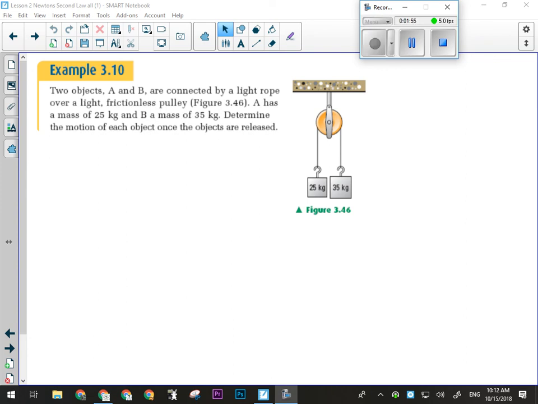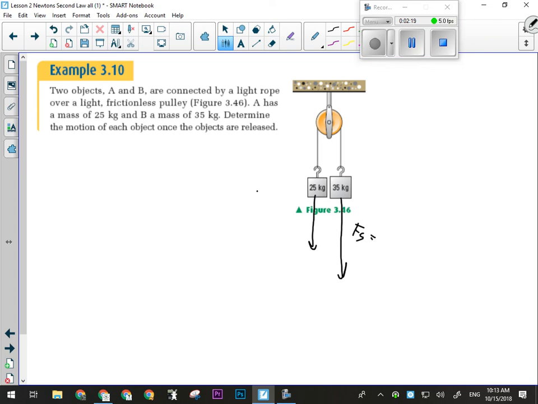So here's what we've got to remember: the acceleration of both the 35 kilogram and 25 kilogram mass are the same because they're part of a system. So what I want to do is find the acceleration of the system and then put the proper direction on each mass. Essentially, a free body diagram of this is going to look like, I've got gravity here, and I've got gravity here.